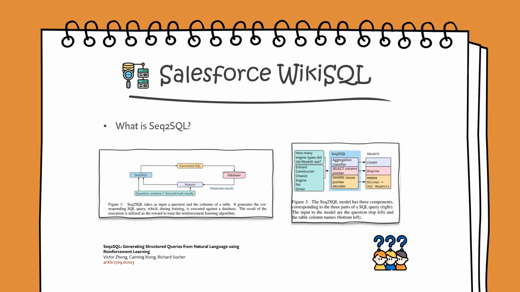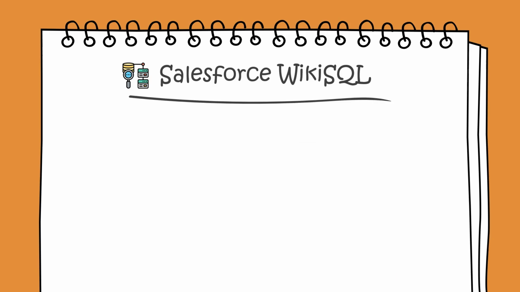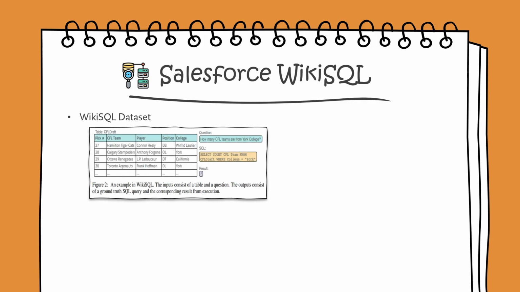The Seq2SQL model had three main components: an aggregation classifier, a select column pointer, and a where clause filter. Given a user question and column names, Seq2SQL was able to generate a relevant SQL query using these three main components. Let us take a look at the WikiSQL dataset that was used to train this particular model.